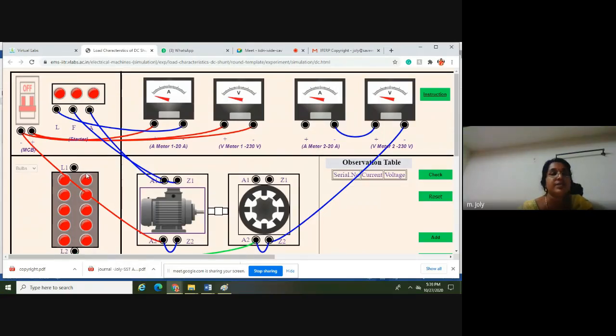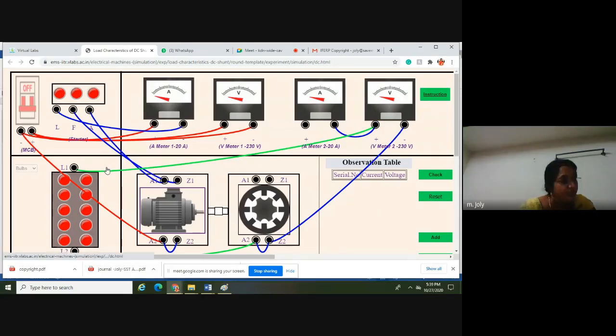You have to see L1 is here, and voltmeter 2 is here. So L1 to voltmeter 2 positive.